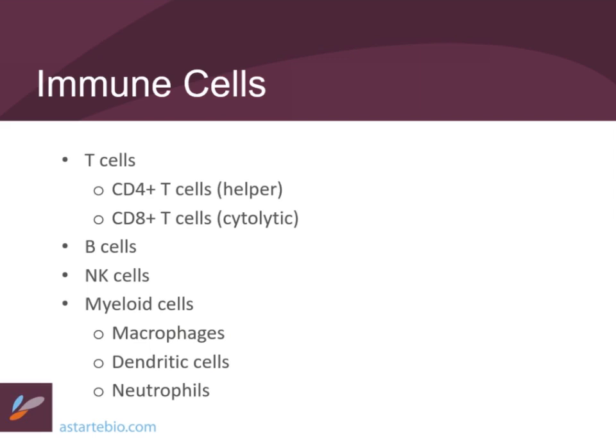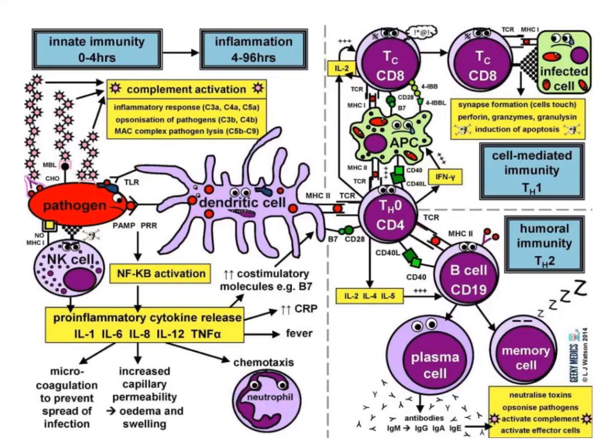To put all of those players in context, I borrowed this slide from a group called Geeky Medics, and I encourage you to check out their website. They've done a lovely job here of pulling together a number of different cell types to illustrate the response, and they've been good about keeping a color coding intact.